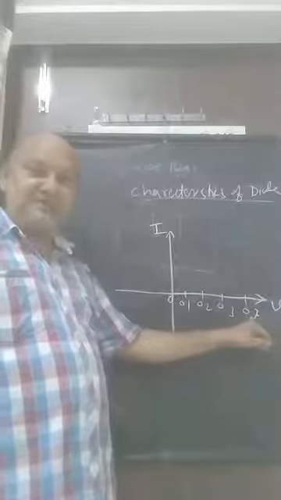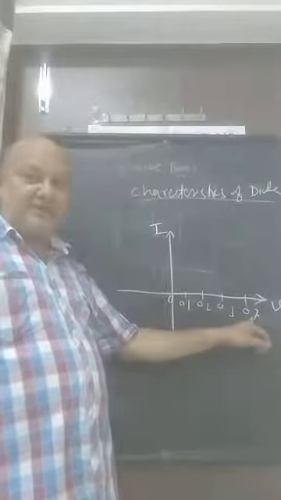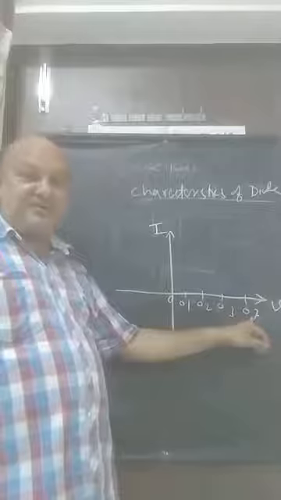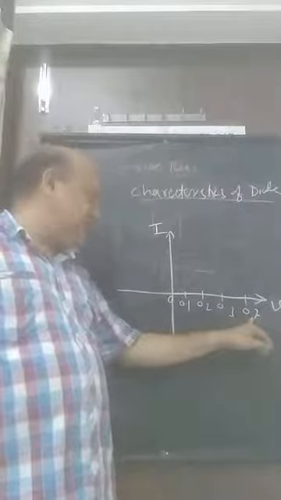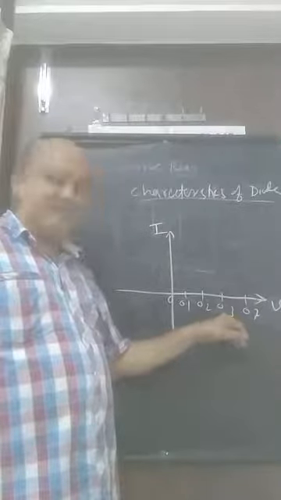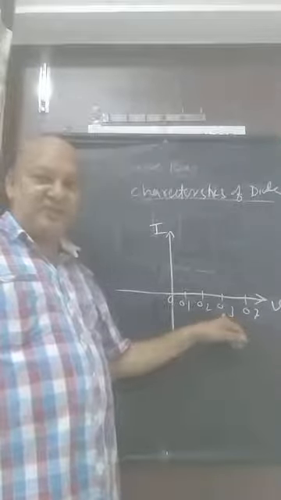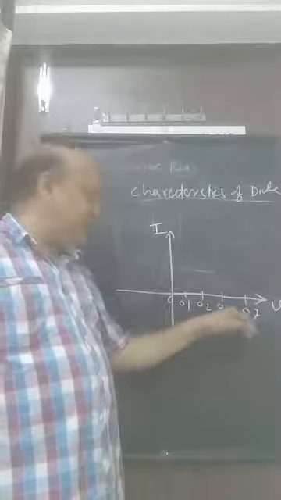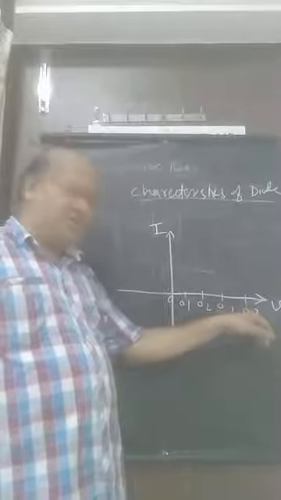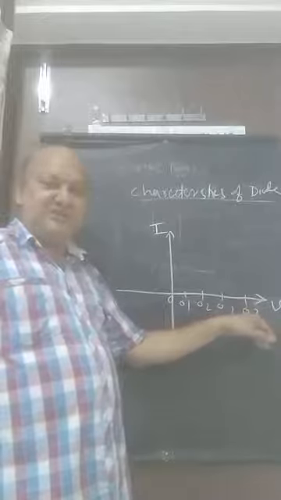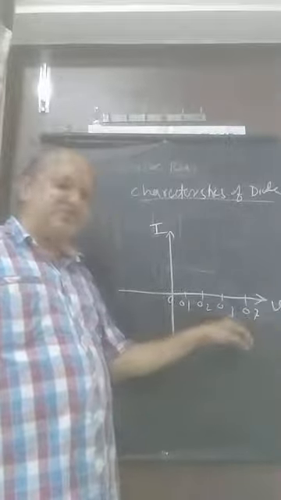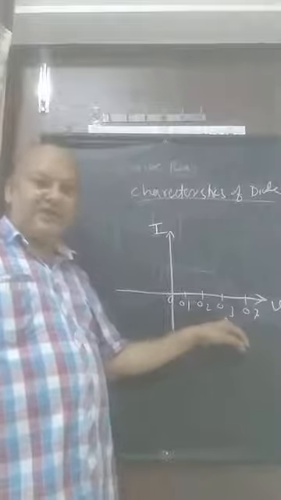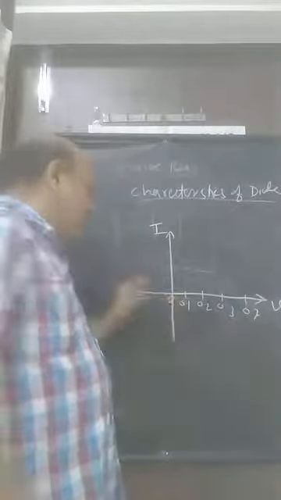because we have to break the junction, and the potential barrier of the silicon diode is 0.7 volt, and for the germanium diode it is 0.3 volt. So the minimum voltage required for current to flow is about 0.7 volt in case of silicon and 0.3 volt in case of germanium.